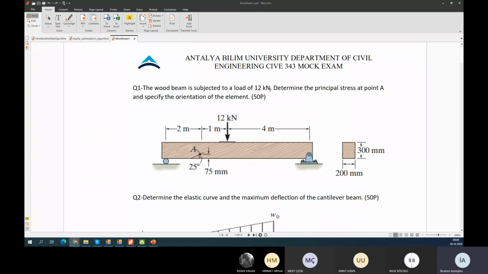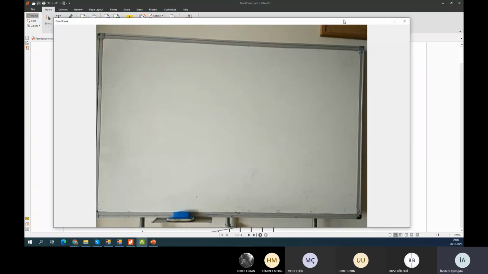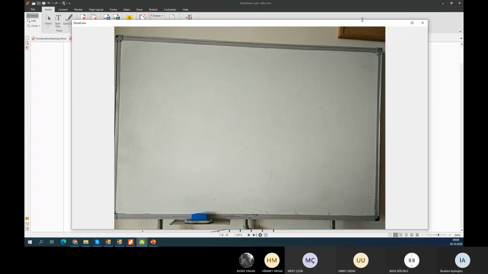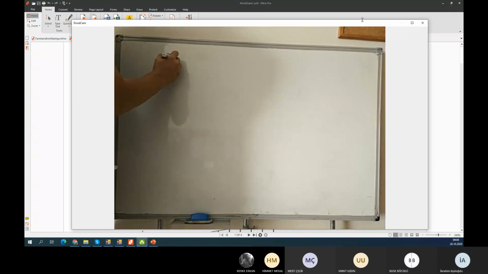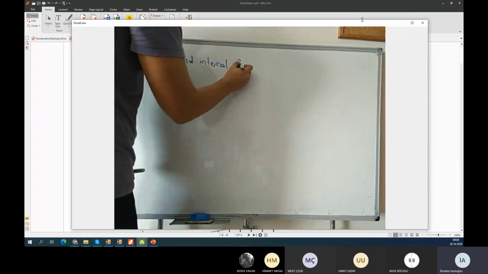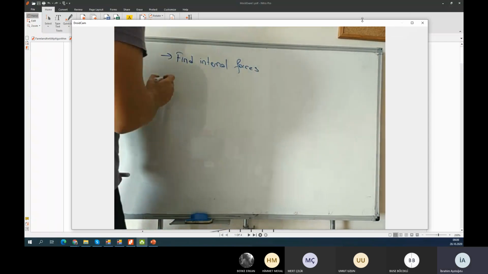First of all, I want to write the strategy of how I can solve the example. We have 2 steps, or 3 steps, it doesn't matter. First of all, just find internal forces. First step.